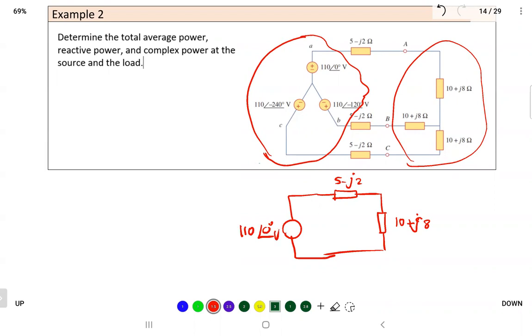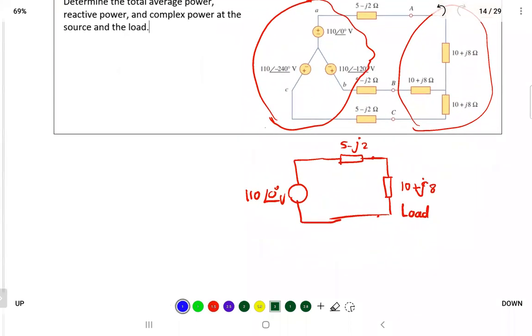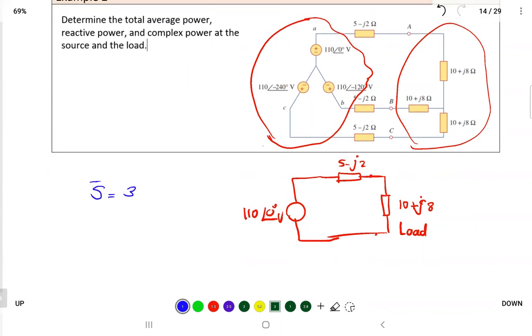Let's now try to find the power at the load. That's the load, and we need to find the power. So it's better to use the complex power. How do you write the complex power? If you are using phase quantities, I'm doing phase now, you have 3 times the phase voltage times the phase current and the angle theta, where theta is the difference, theta V minus theta I. That's the general rule for complex power.